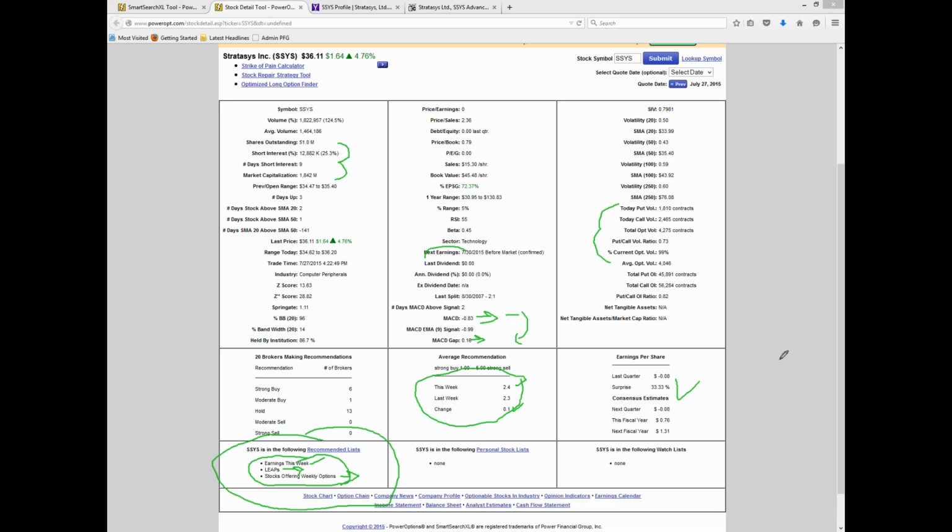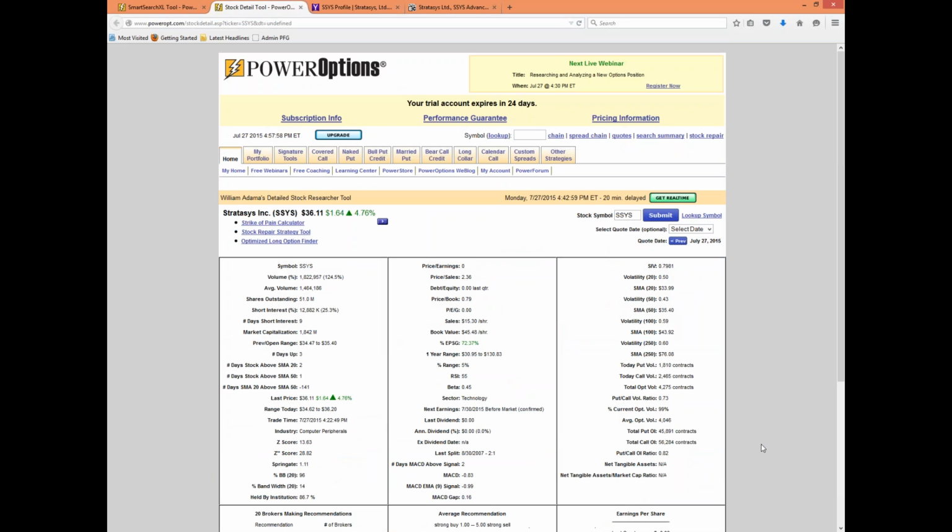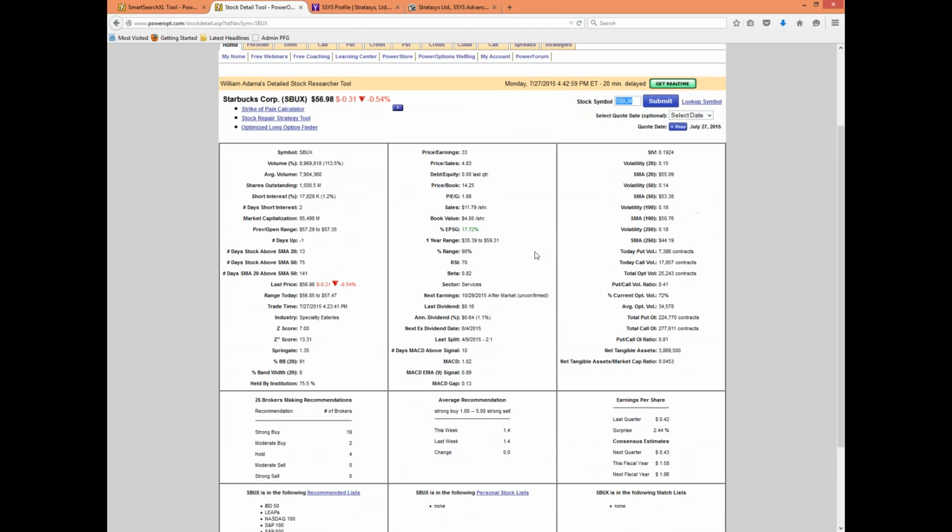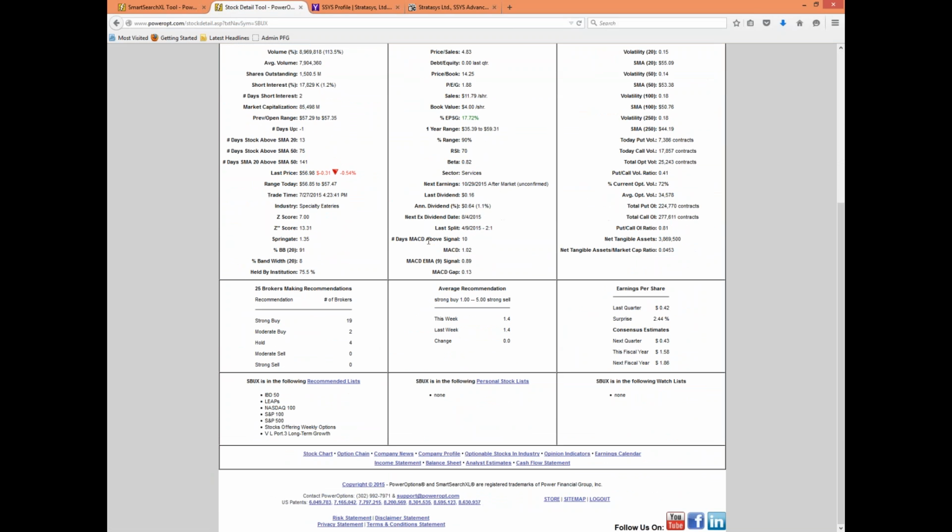As a quick review, if you're researching a stock on PowerOptions, or you saw a stock in the news and you're in your PowerOptions account and you wanted to know if the stock was in an IBD list, for example, you could just type in the stock symbol up at the top, use Starbucks, for example, and click on quotes. And that will take you directly to the research tool here. So here, Scott, you see that the last dividend that we have was the 16th, and the next dividend is 8/4.